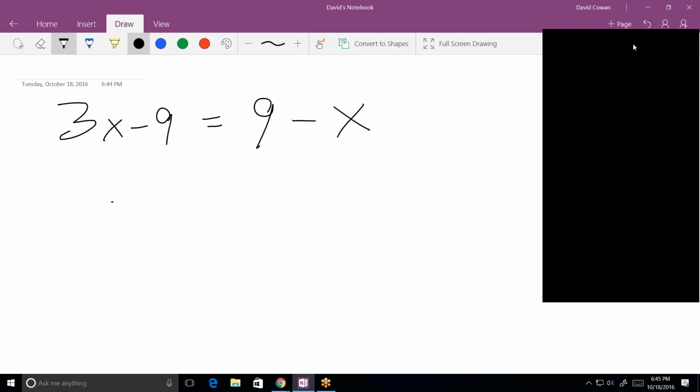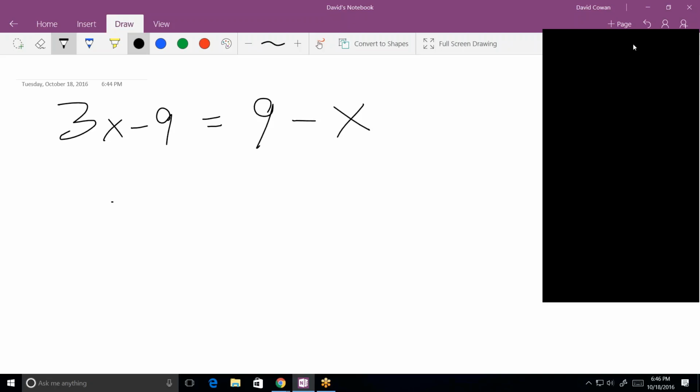Rather than doing it one step at a time, which generally I love, what you really want to do here is, are you going to end up with your variables on the left and the numbers on the right, or vice versa? Oh, I want to end up with them on the left, so maybe add the single x to the 3x, make a 4x. And add 9 at the same time. In other words, there's nothing that prevents you doing both of these at the same time.